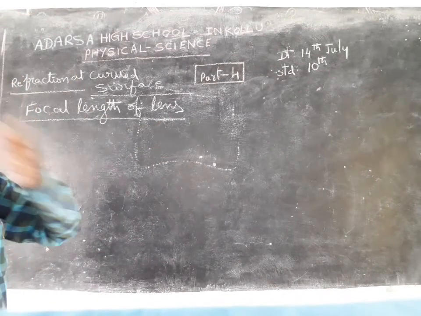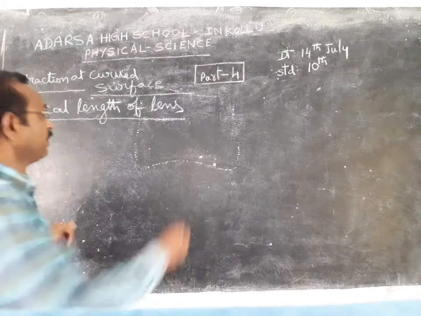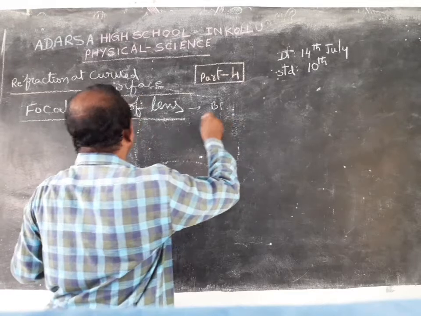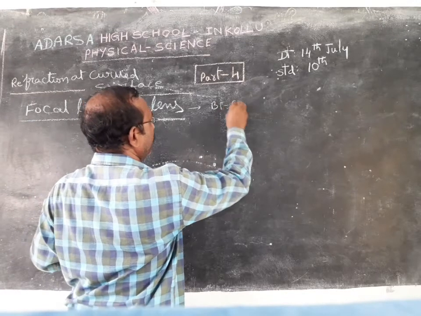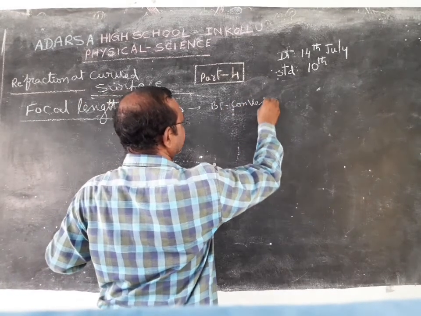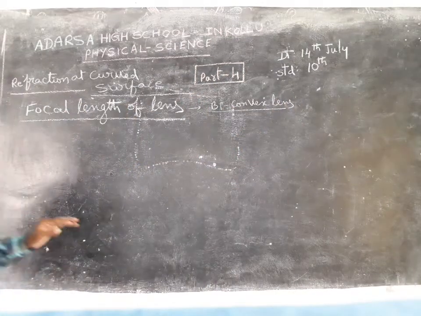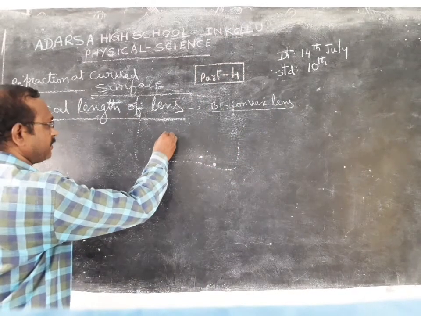In this, two are there. One is the biconvex lens. Now we are going to discuss the focal length of the biconvex lens. What do you know about the biconvex lens?